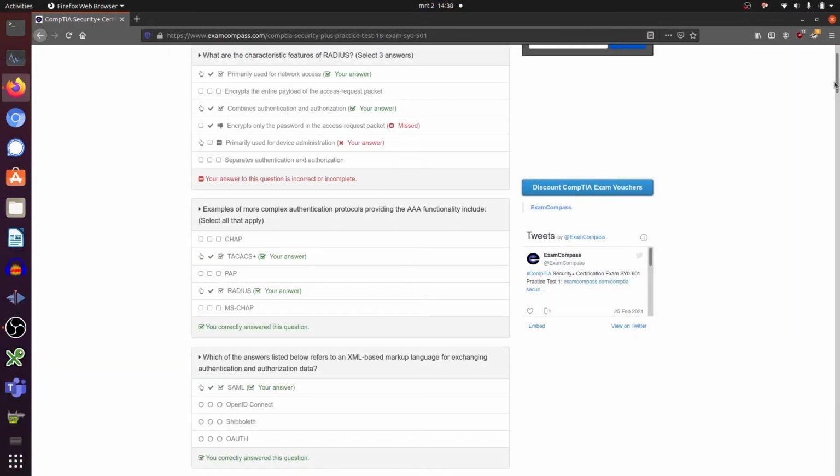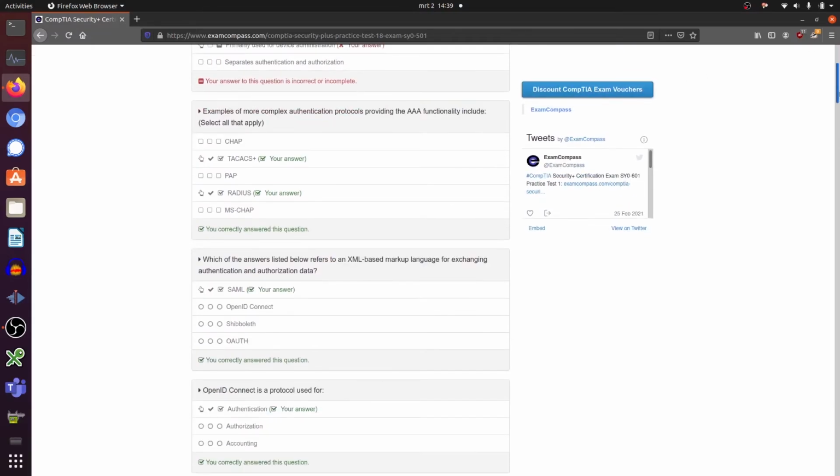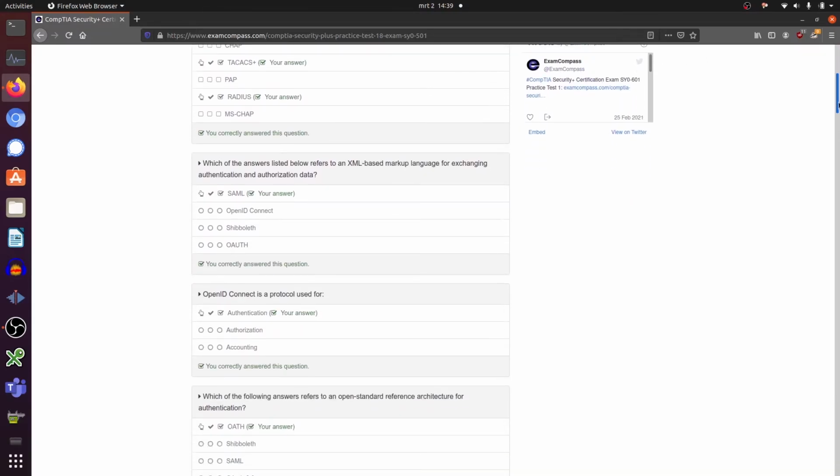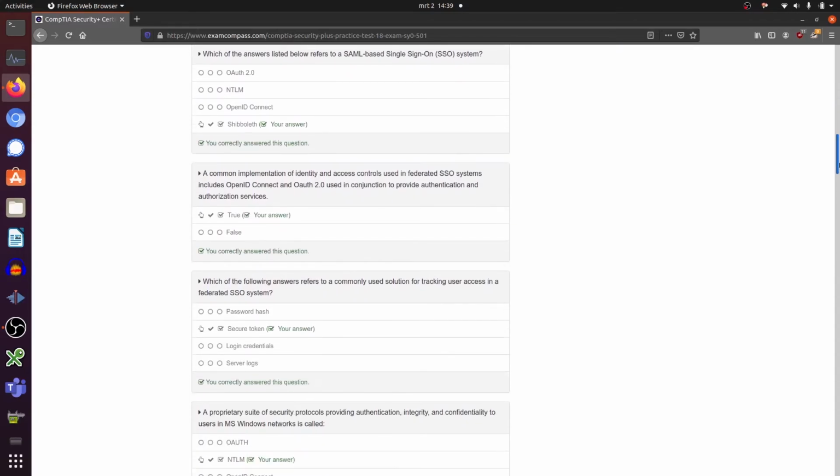Okay, I missed encrypts the passwords in the access request packet. Okay. Primarily used for device administration. That was not correct. Okay. RADIUS, authentication, authorization.